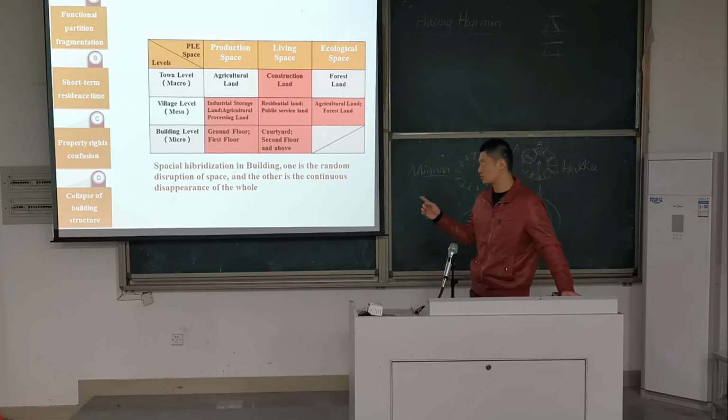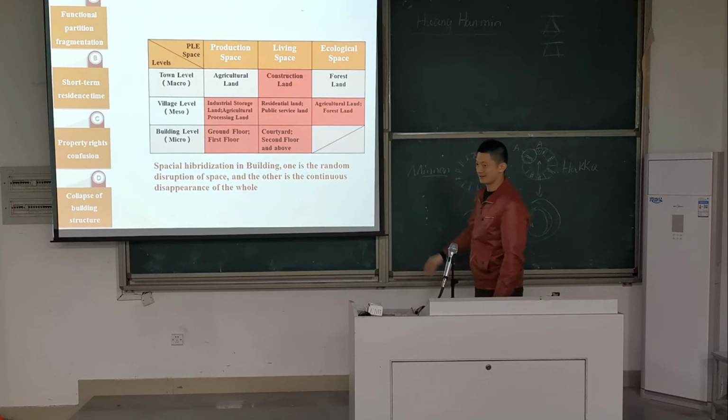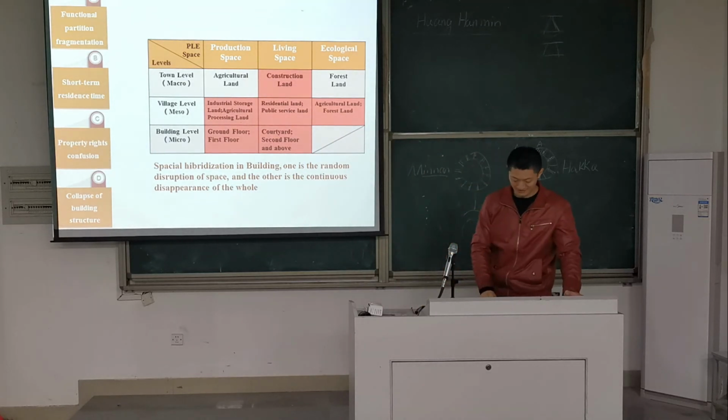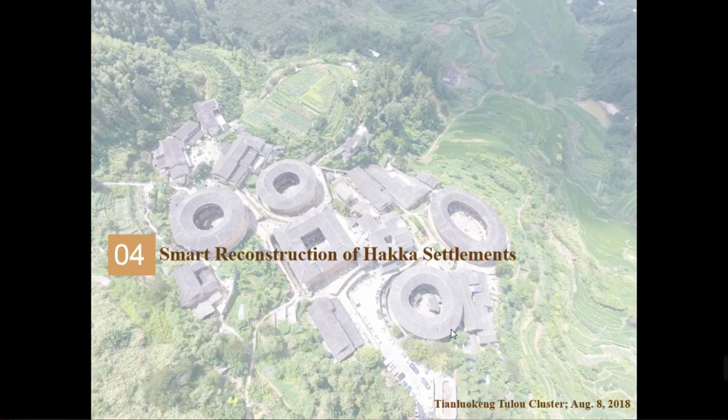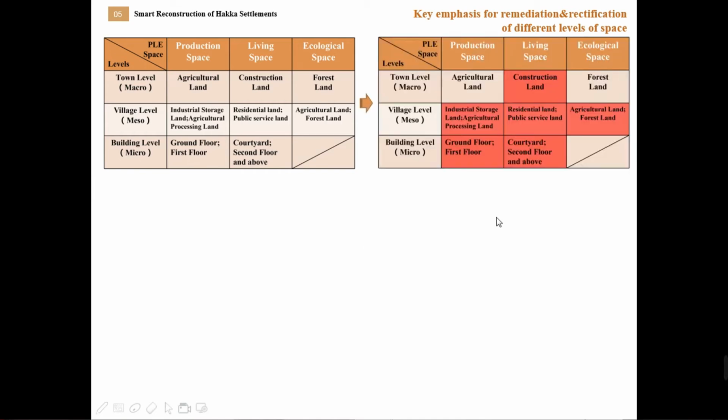So which one should be the most important? We already have these, and as the rest of them are so important, how do we choose the order? I brought in the AHP analysis for the smart reconstruction of Hakka settlements. Here is what I brought about. This is where I have reached.